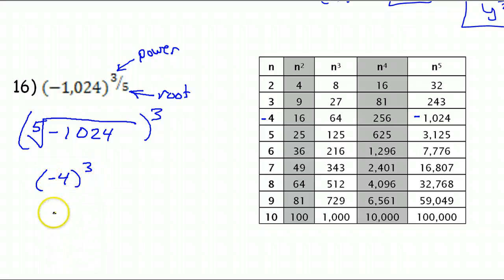But it's odd, so I'm going to have a negative whatever. So negative 4 to the 3rd power. Well, look, a positive 4, maybe I should get rid of these negative signs again for a second. Positive 4 to the 3rd power is 64. So guess what? Negative 4 to the 3rd power will simply be negative 64. And there you go. That is the final answer for number 16.